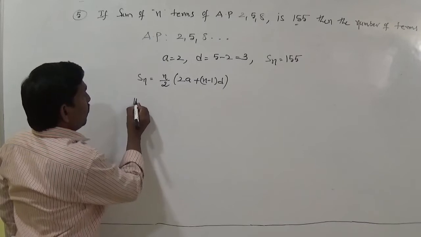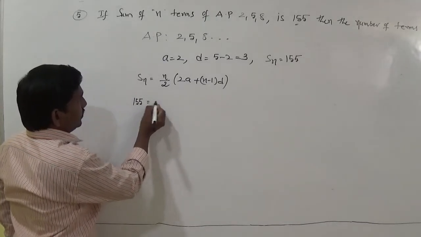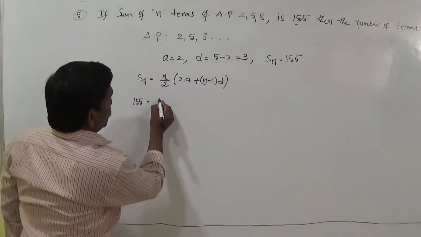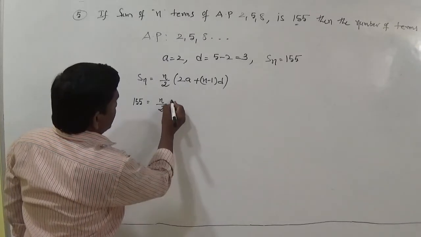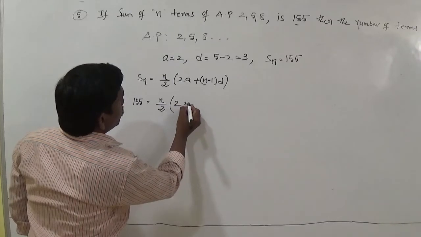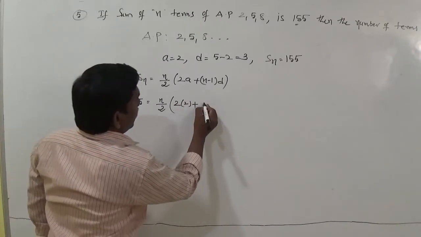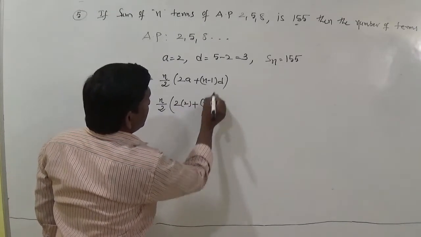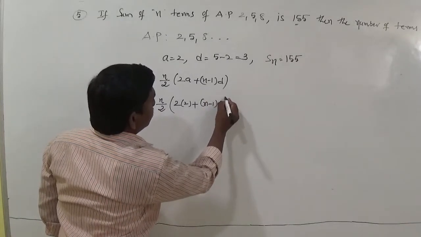Sn means 155. n we don't know, we have to calculate. 2a means 2 times 2, plus (n minus 1). What is the d value? 3.